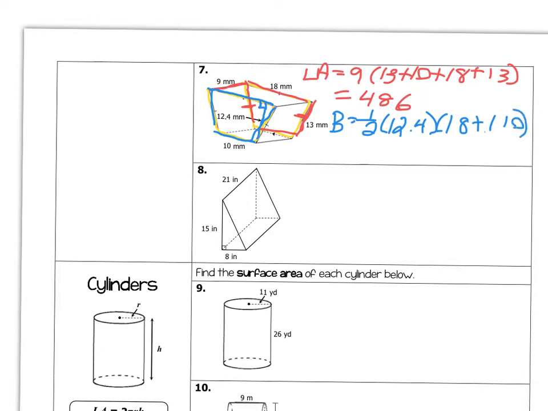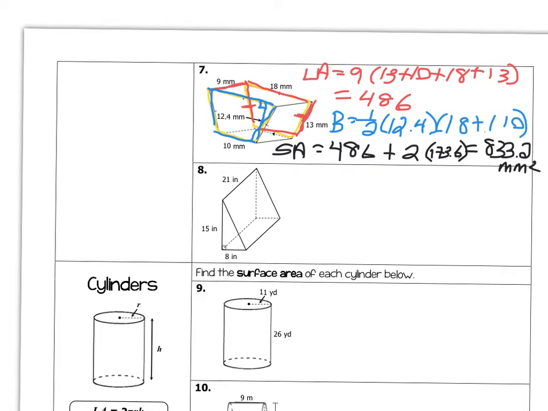So our final surface area is going to be 486 plus 2 times, I'm sorry, not 60, 2 times 173.6. So our total area is 833.2 millimeters squared.